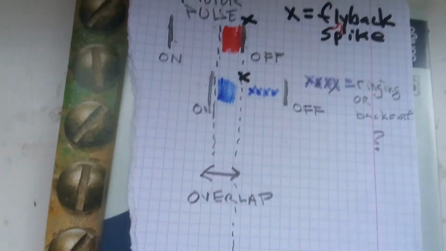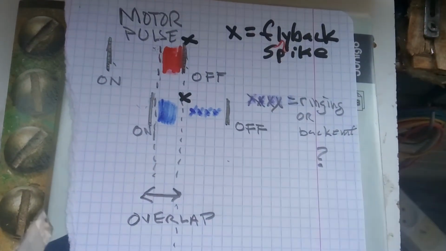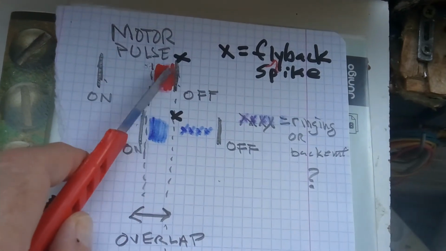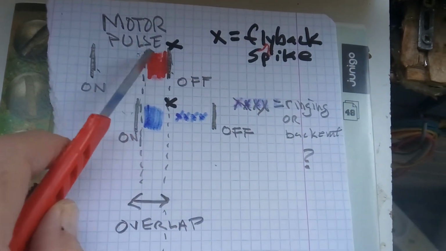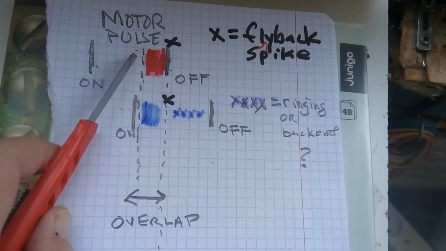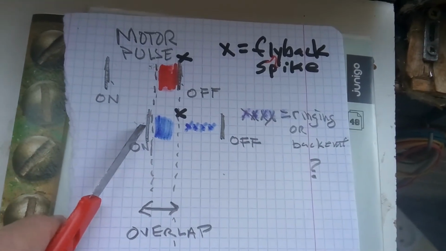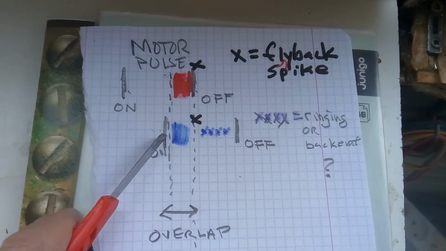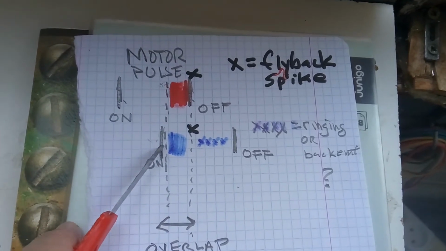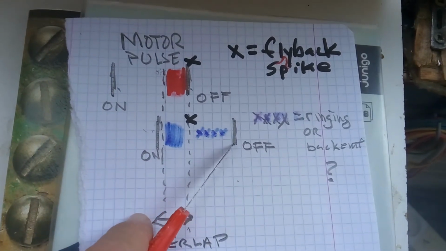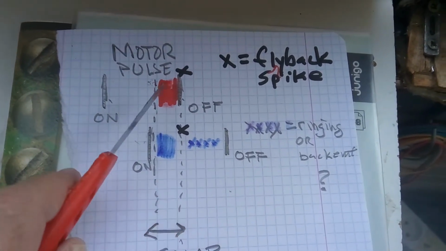So, let's say you have a motor coil pulse this long. Let's say it's 2 milliseconds. Now, you switch in and connect it to the capacitor, the load of the capacitor at this point, with the second switch.